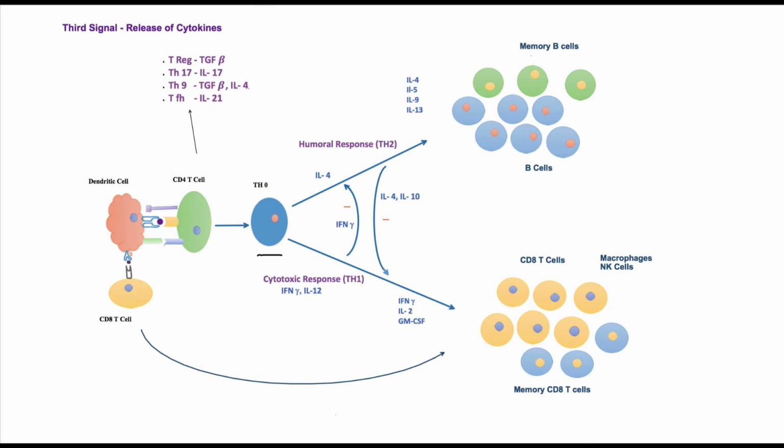Main response in this situation will be cytotoxic response, also called cell-mediated response. In this case, helper T cells will convert to type 1 helper T cells or Th1 cells. This is mediated by a cytokine interferon gamma that helps conversion of helper T cells to Th1 cells.